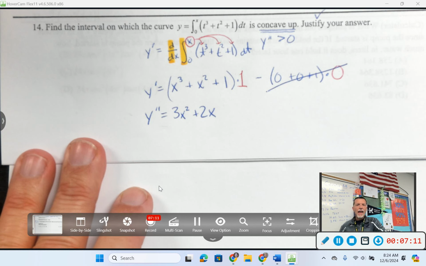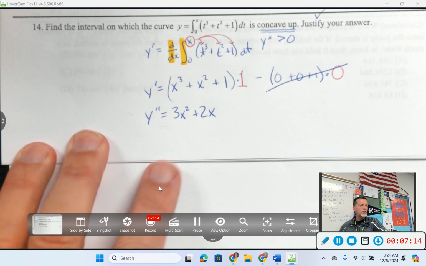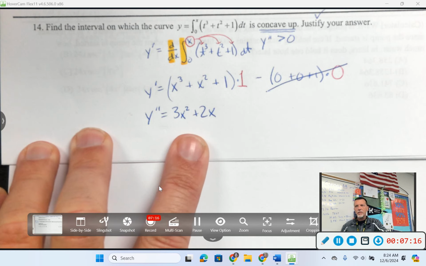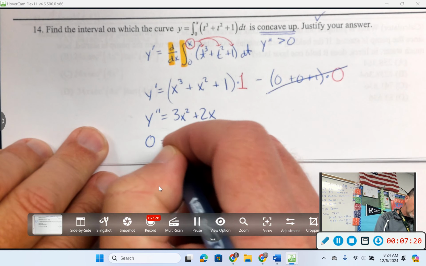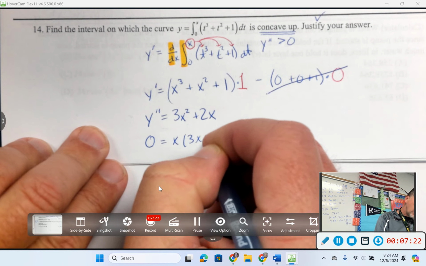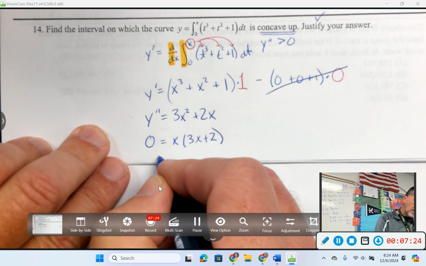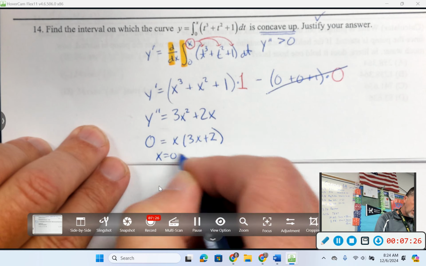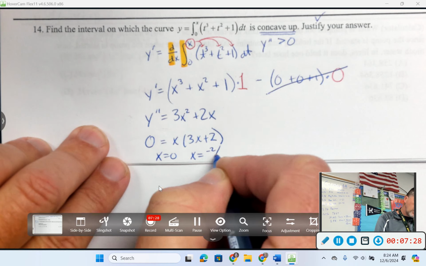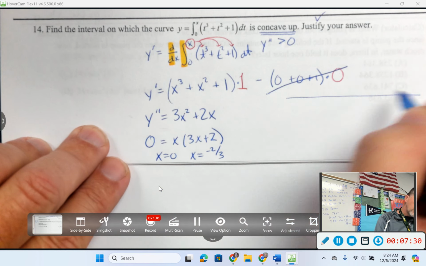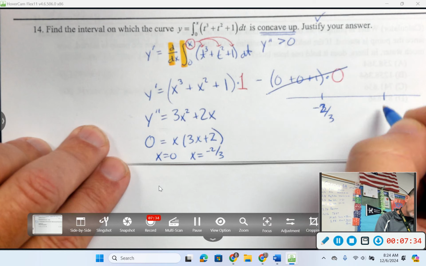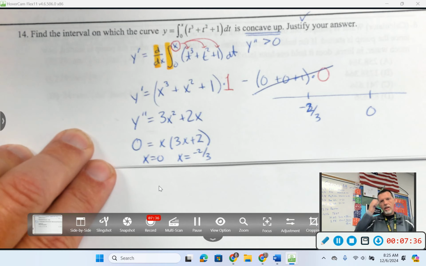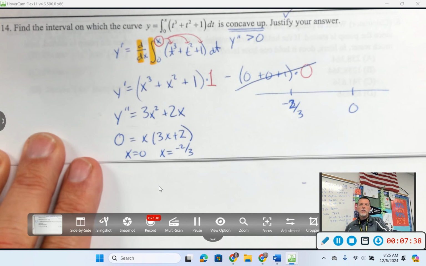Okay, so now I've done the hard work. Now I need to figure out where that is greater than 0. So let's set it equal to 0 and do the number line thing. X equals 0, x equals negative 2/3. I need to check something.